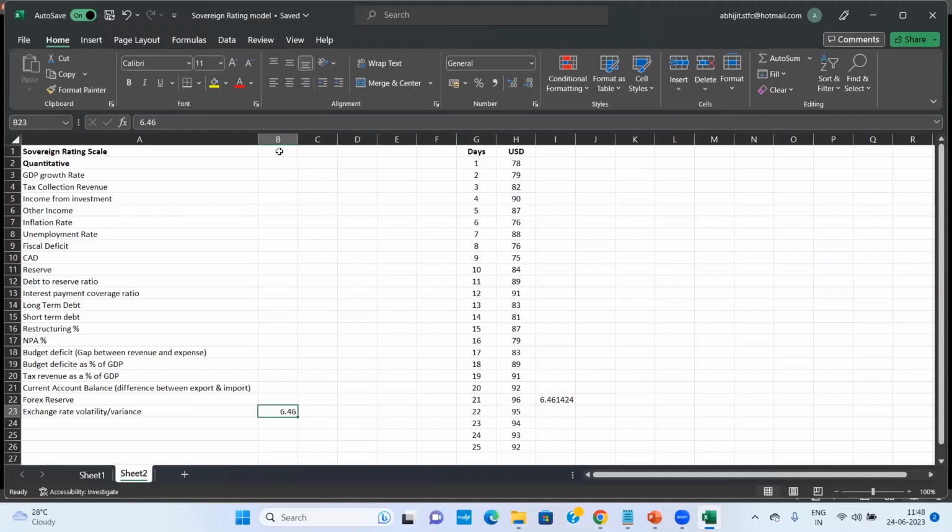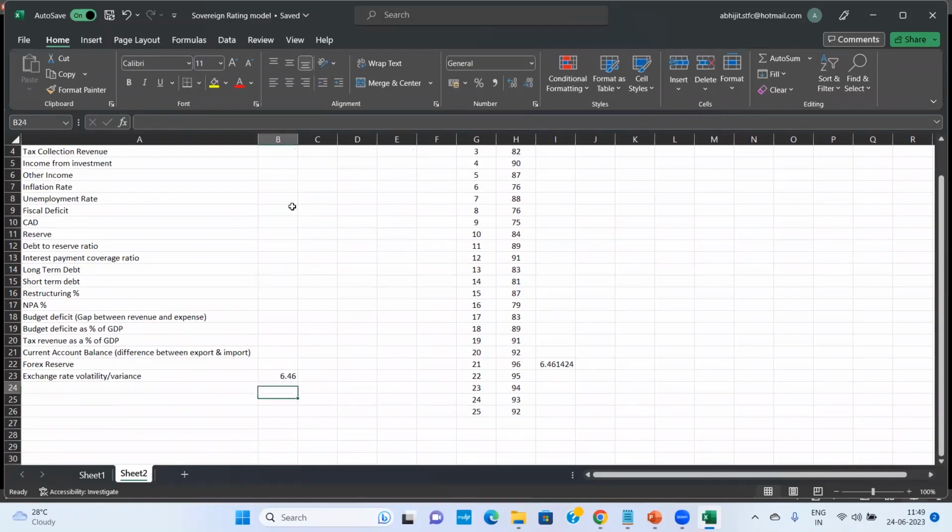Now, say 2020, 2021, 2022, and 2023. Now you put all this data in this scale.